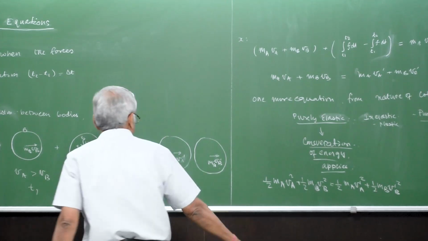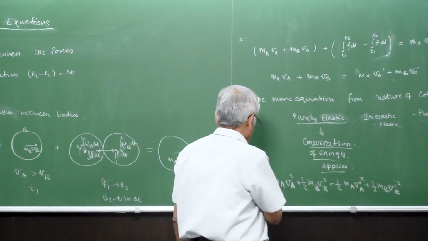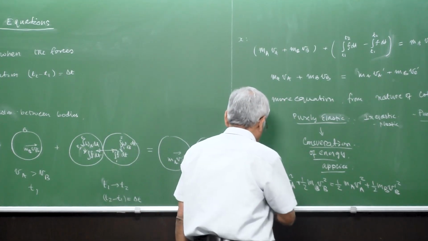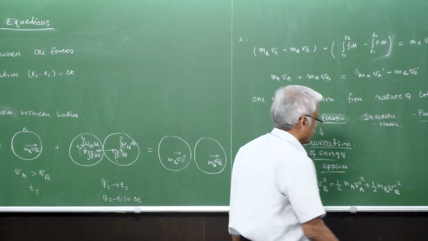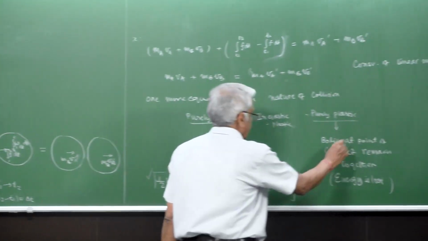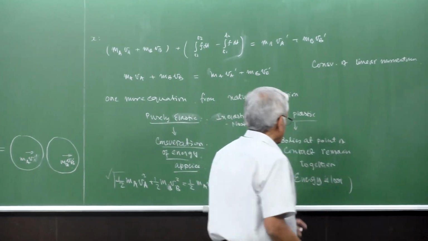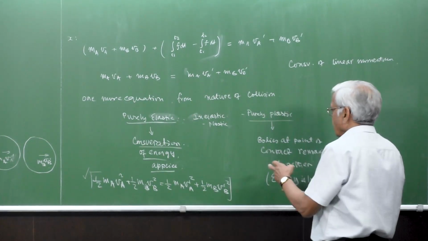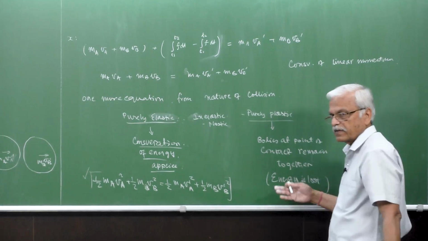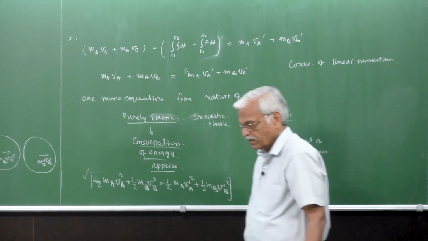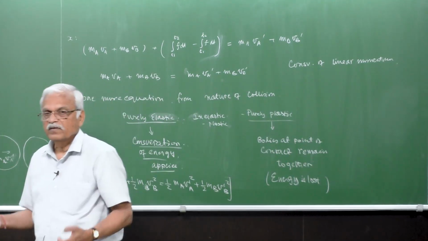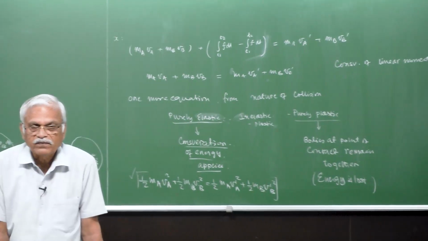So just to conclude this one, for elastic impact, this is the additional equation. And what about the plastic impact? At that point they stay together, and stay together means relative to each other.